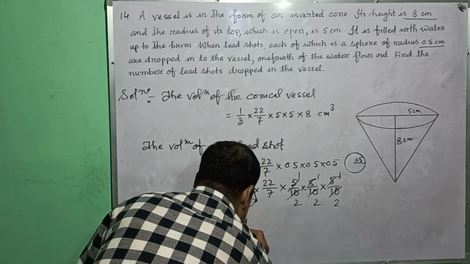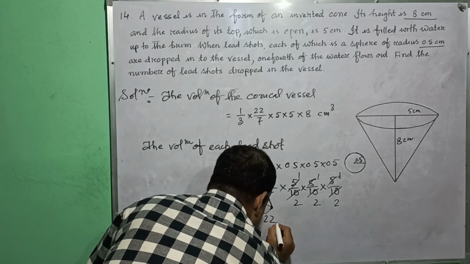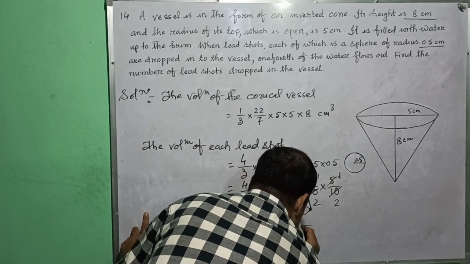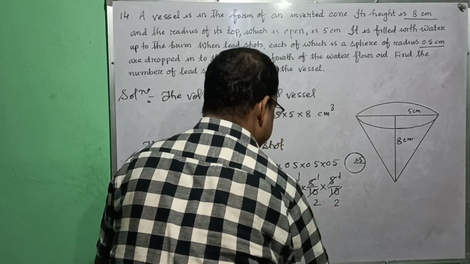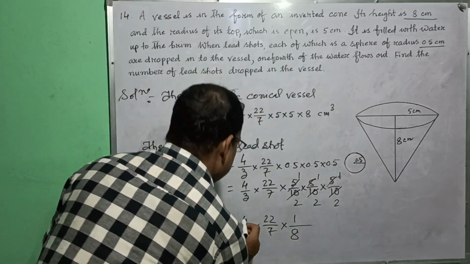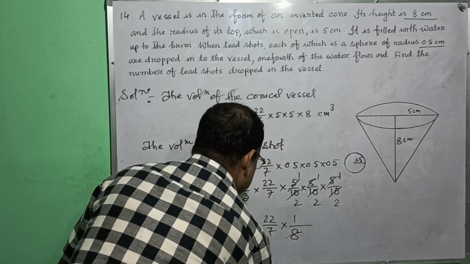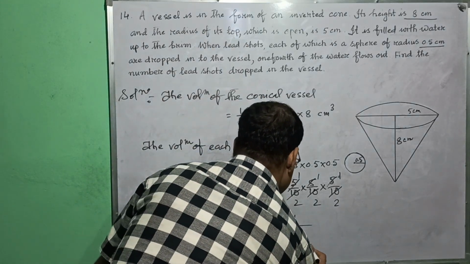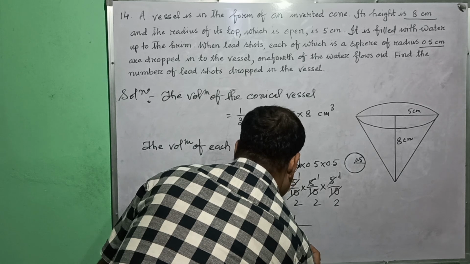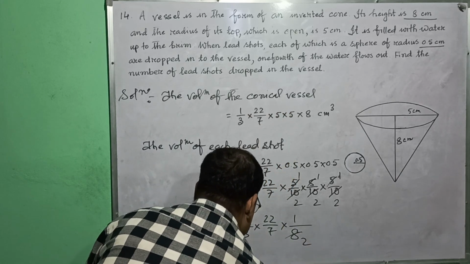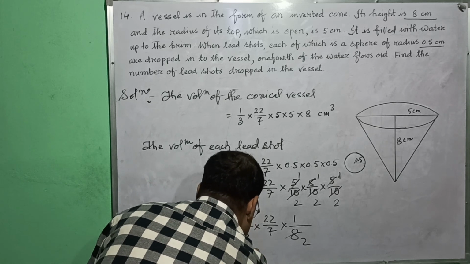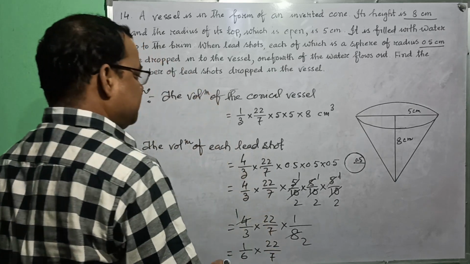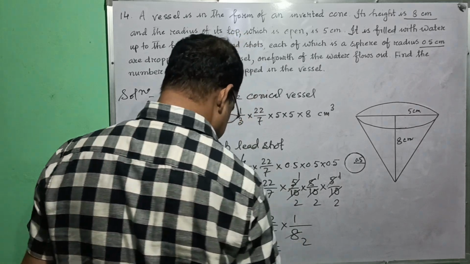We'll write 4/3 into 22/7 into, here the numerator is 1 and the denominator is 8, since 2 multiplied 3 times is 8. Now here also we can cut it, 1, and here it is 2. So 22/7 is not divisible, so no need to divide it. We can write it as 1 by 6 into 22 by 7. Let it be like this so that we can cut 22 by 7 and 22 by 7.